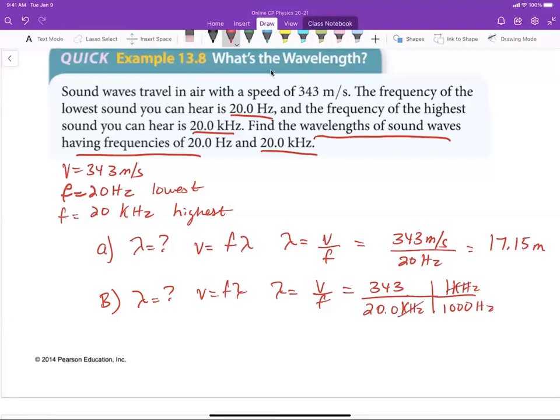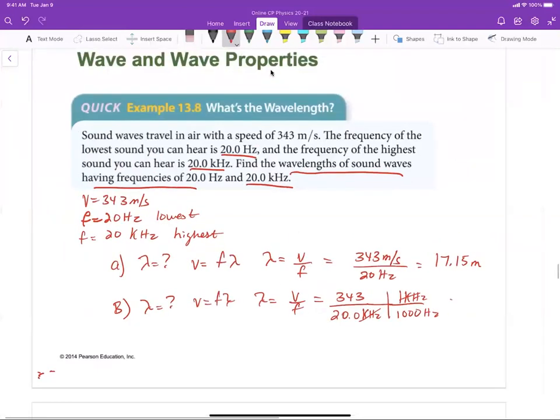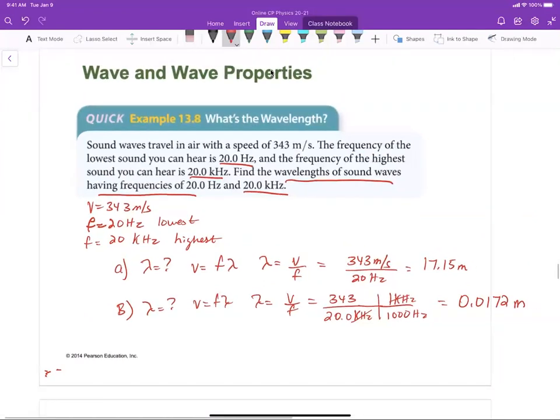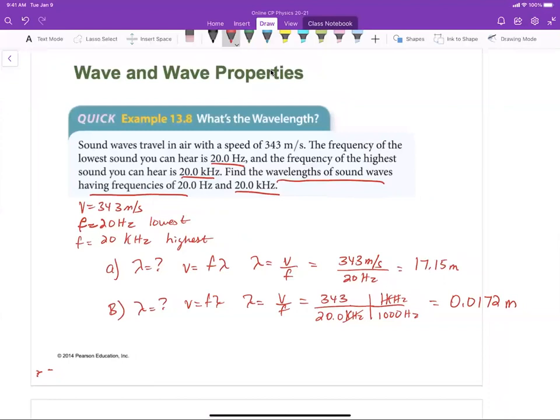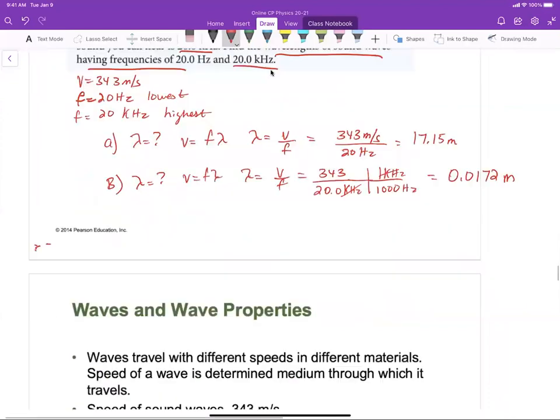So now I've converted that to hertz, and so I take 343, divide by 20, divide by 1,000. And that will give me a wavelength of 0.0172 meters. So that's a pretty substantial difference in wavelengths between the frequencies that we can hear with our ear.